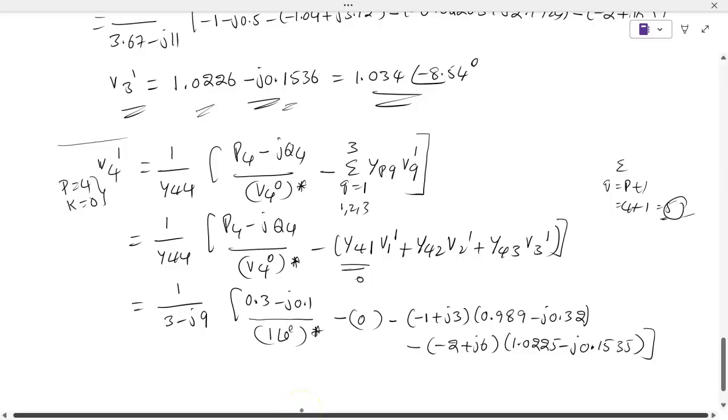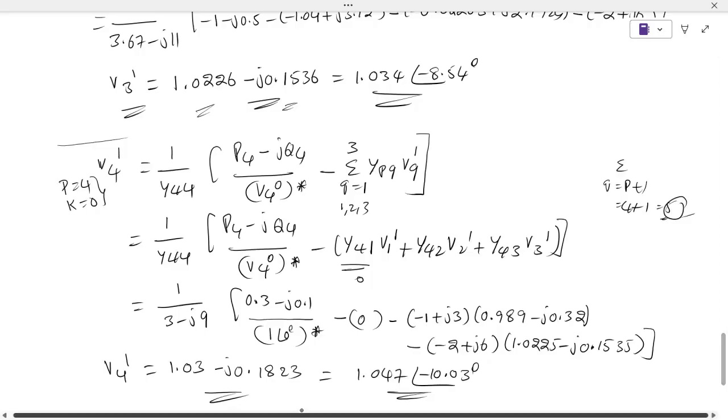Okay, finally you will get that V41 is 1.03 minus j0.1823, that is equal to 1.047 at an angle of minus 10.03 degrees. This is in polar form, and the other is in rectangular form. This is the case 1 as per the condition they have given.